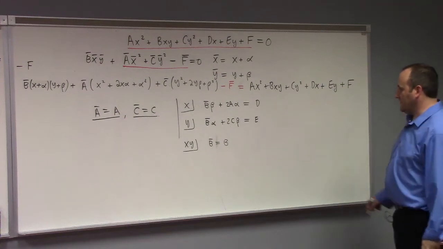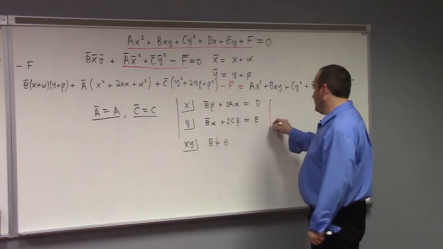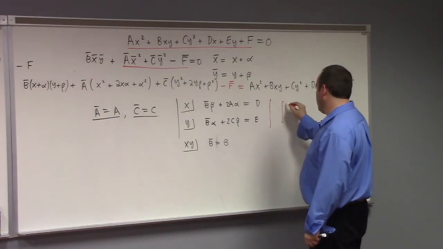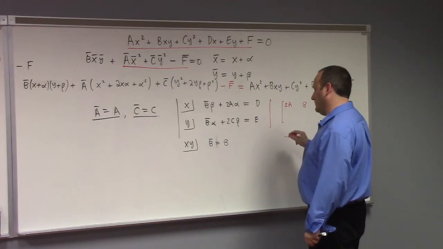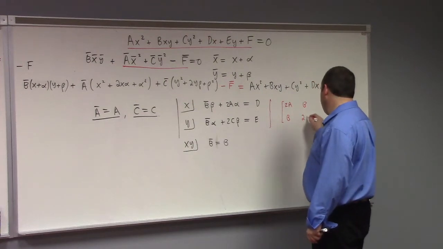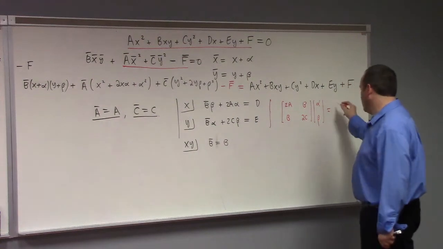All right, so actually, I retract my pessimism. This can be rewritten as 2a, b, b, 2c, alpha beta, d e.